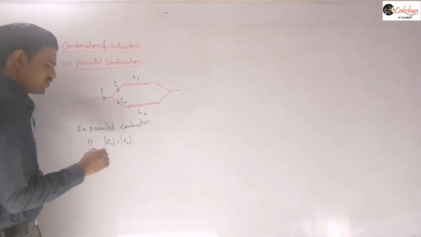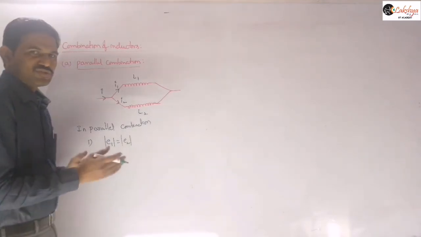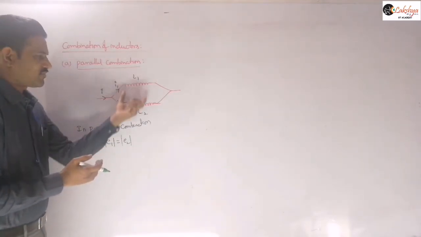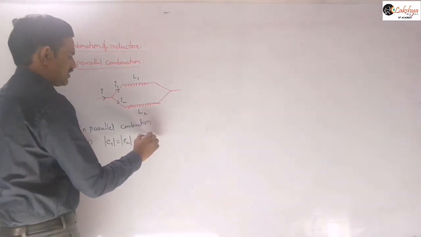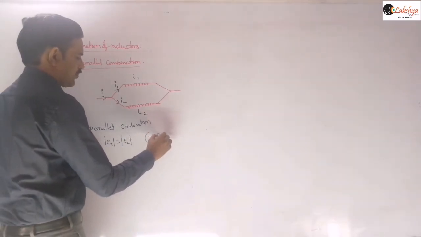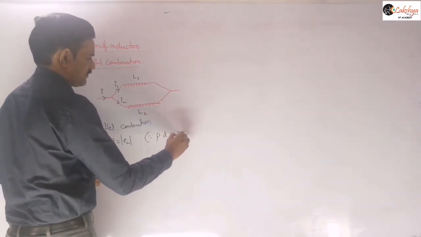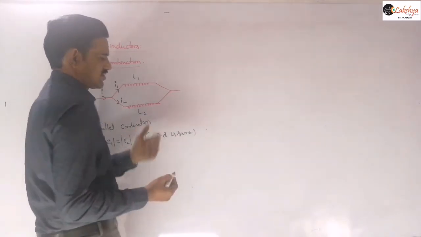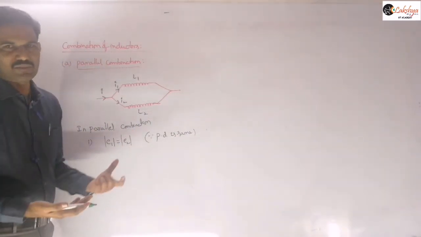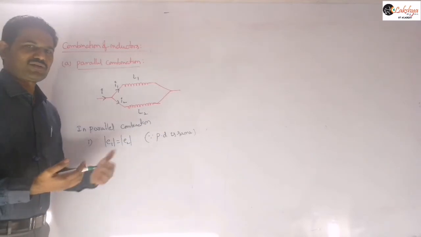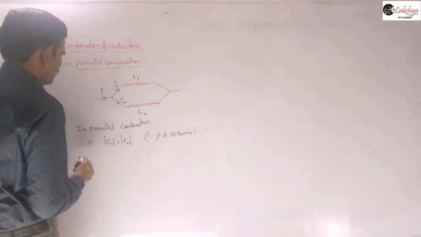That is one point what we can mention there. Induced EMF, which is nothing but the potential difference across this, will be same here. Is it clear? In resistors also we know that point. Generally either capacitors or resistors are connected in parallel, then the common point is the potential difference across them will be same.